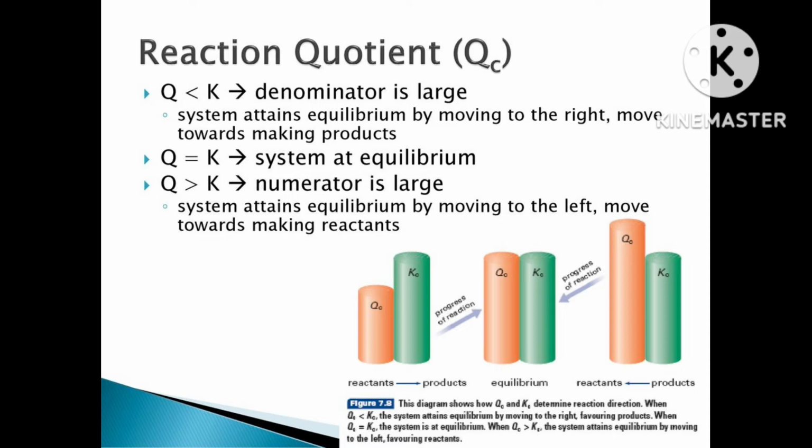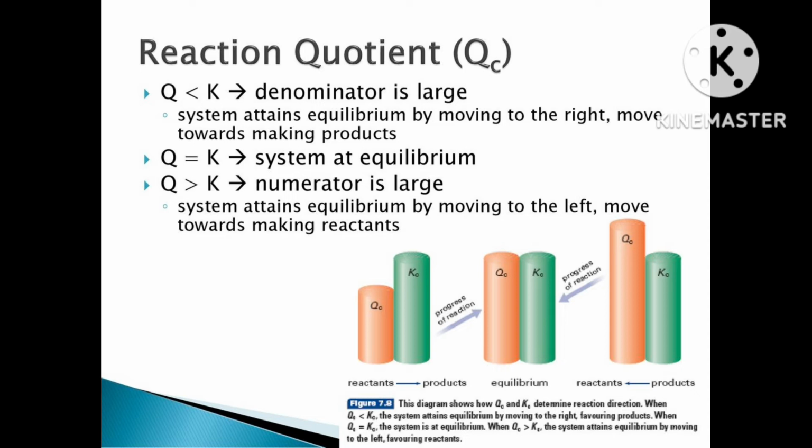This is very easy. The problem is that the value of Kc for the reaction 2A equal to B plus C is 2 into 10 to the power minus 3. Means Kc value is very small.